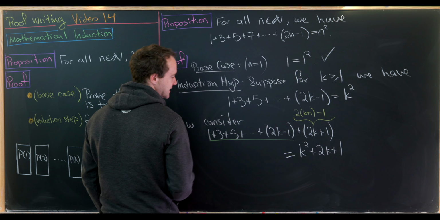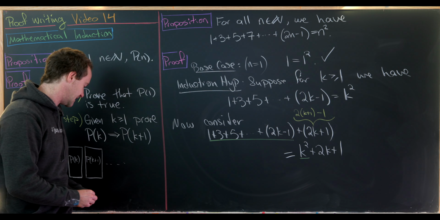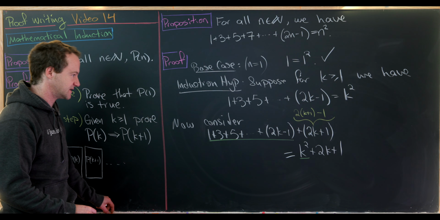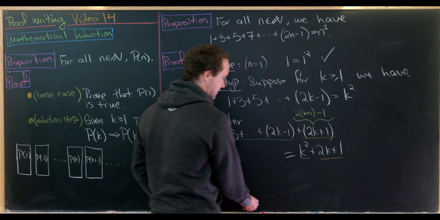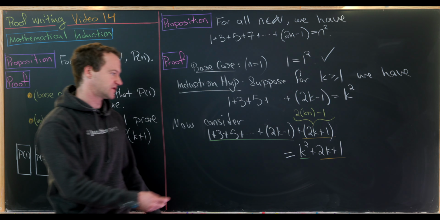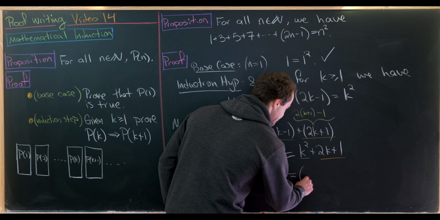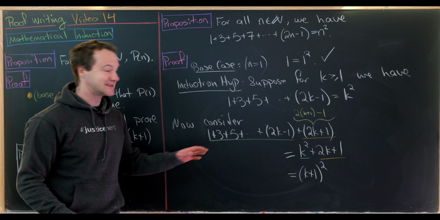So let's color code this. All of that stuff in the green underline is collapsing to this k squared by our induction hypothesis. And then we're simply bringing down this 2k plus 1. But now that clearly factors as (k+1) squared, so we have this as (k+1) squared. But that's exactly what we wanted.